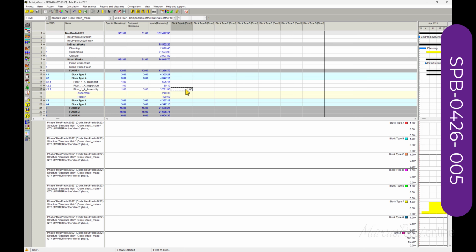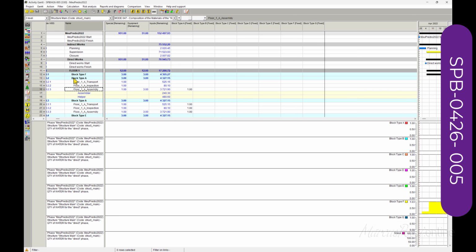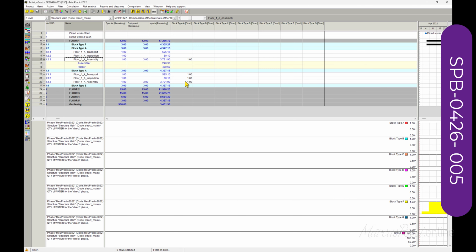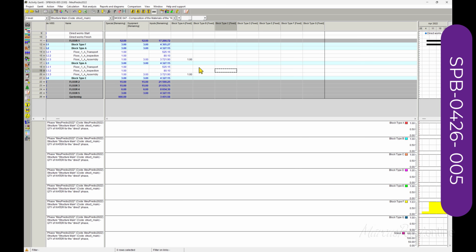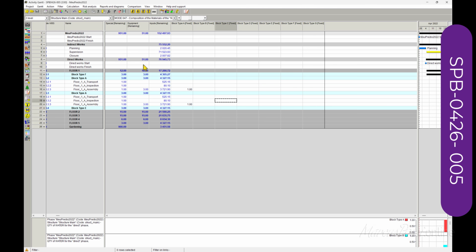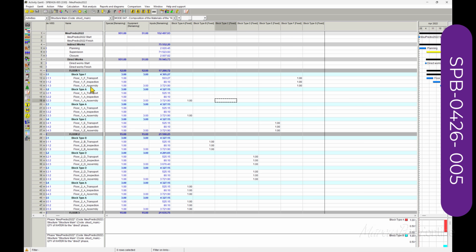And we assigned it, in our case, to the assembly activity. You should check all the, okay, you made all the assignments the same way. So, okay, you have to check its activity just for assembly.